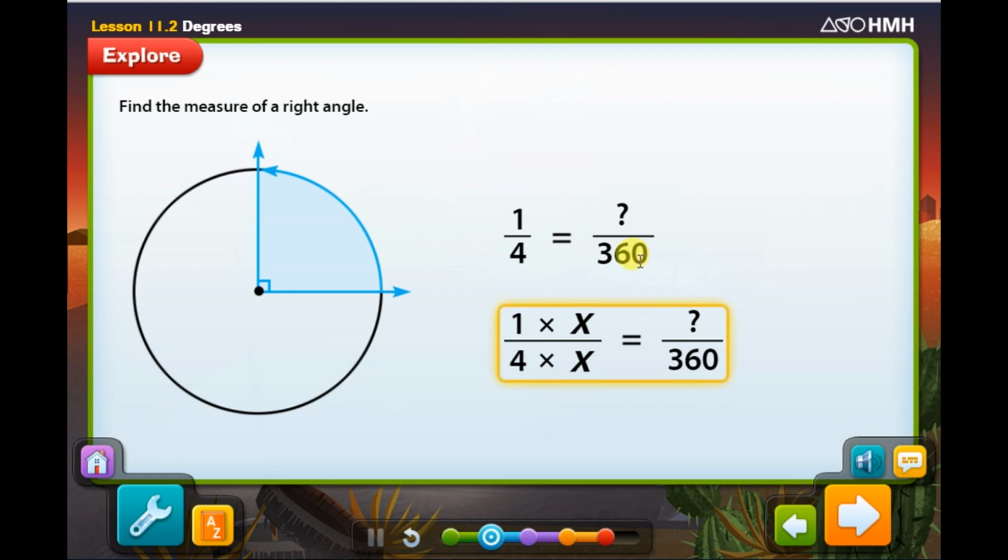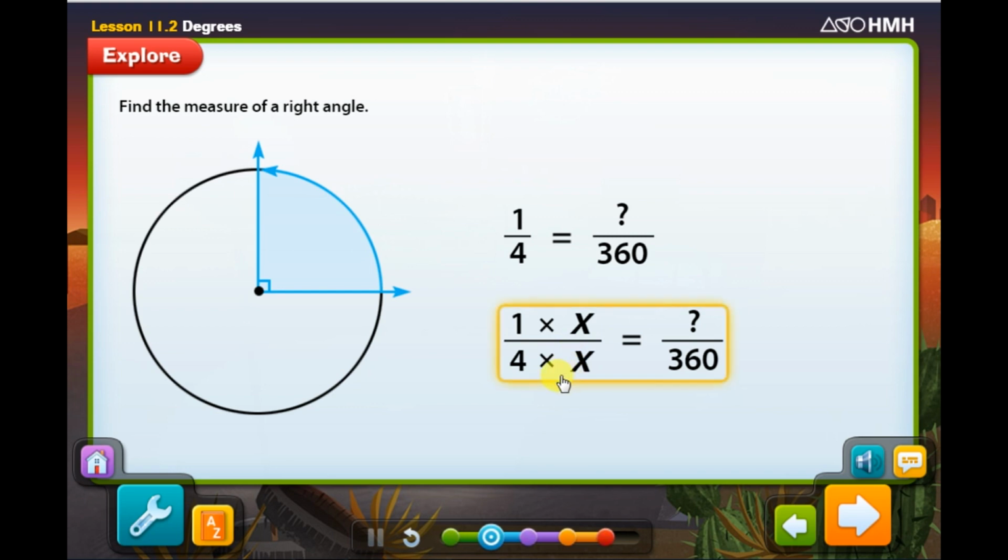So if you want to figure out what this number is, you have to make 4 become 360, right? So multiply 4 by what to give me 360? And if you multiply the denominator by any number, we have to multiply the numerator by the same number also.